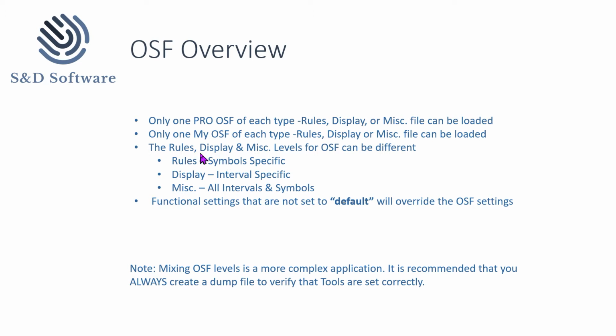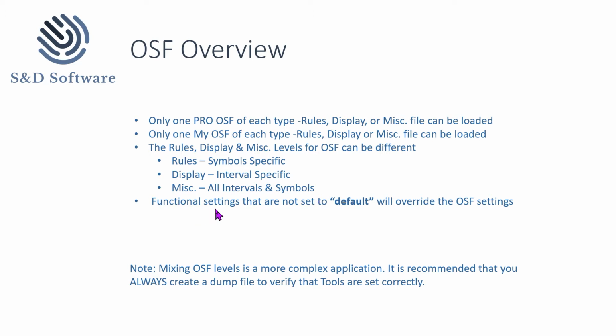Now, you can mix the levels of OSFs, and we're going to talk about those levels more in a minute, but you can have a rules file that is symbol specific, a display file that, for example, is interval specific, and a miscellaneous file that could cover all intervals and symbols.